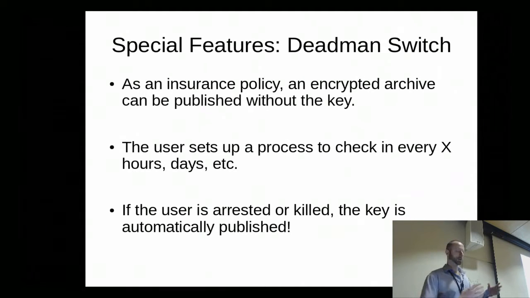Then you set up some external process so that this person would have to check in on a regular basis, like every X hours or X days or once a week. If this person disappears, if they get arrested or fall down a flight of stairs, this process will automatically publish the key. So it can be an insurance mechanism. This is called a Deadman Switch. I don't have it fully implemented yet in the code, but it's coming.